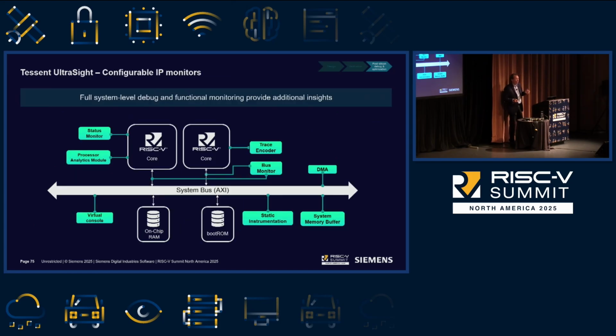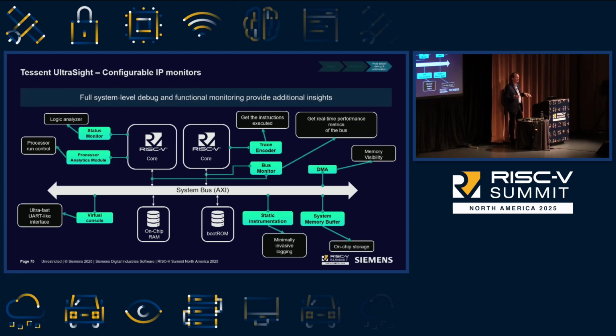Now, as I said, the core to Tessent UltraSight is a set of embedded functional monitors, where each of these different types of monitors can observe different parts of your design, whether it is to observe what's happening around the processor cores themselves or across different components of the design. Especially in the context of RISC-V, we have modules for run control and an E-Trace trace encoder.